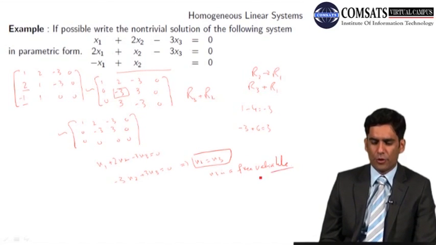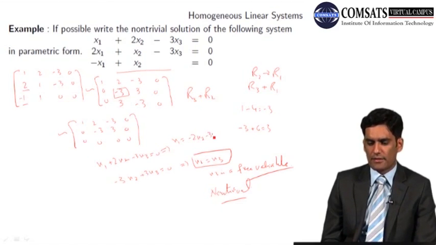So we have the non-trivial solution of the homogeneous system. And from this equation I can have x1 equals -2x2 minus 3x3, and when I put x2 equals x3 from this equation, I have -5x3, the value of x1 in terms of x3.